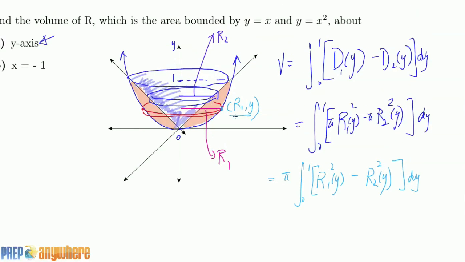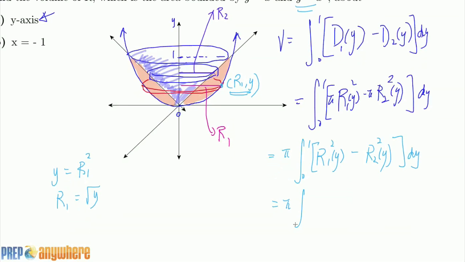So, see that? I'm going to plug it in there. It's y is equal to R1 squared. So what's R1 then? Square root of y, right? Good. We got it as a function of y. So root of y squared.